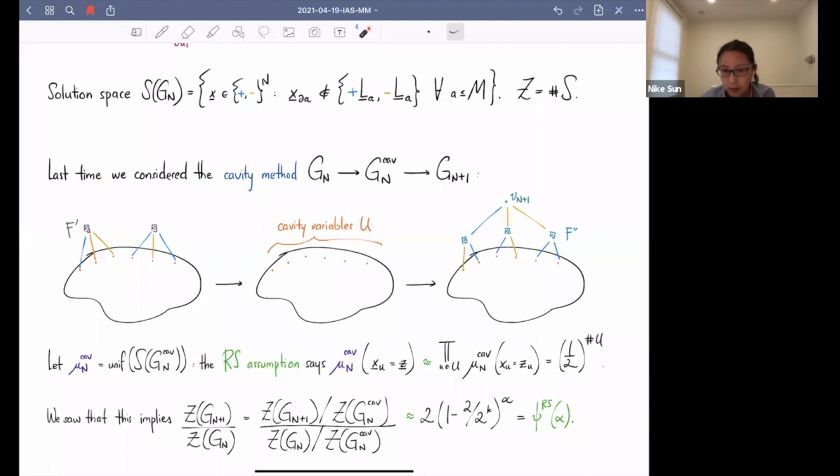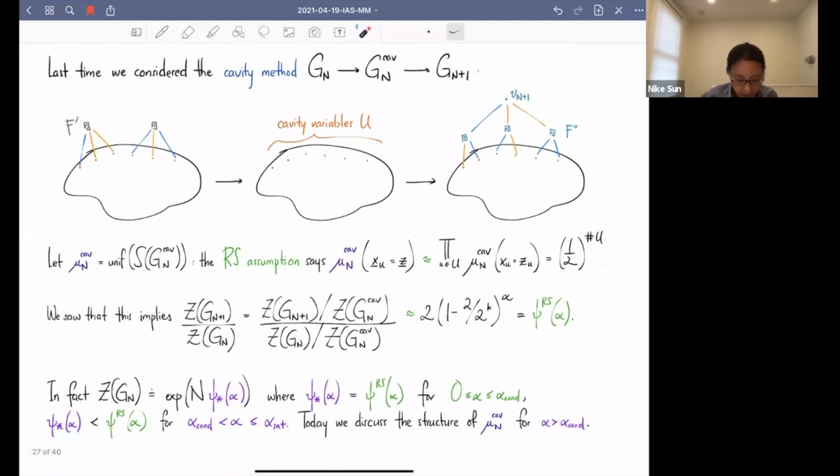Because the model is symmetric between plus and minus, it would just be (1/2) to the number of cavity variables. And we saw that if you make this simple assumption, then this gives a way to calculate how much the number of solutions will change as you go from one graph to the next. You get this simple expression, and this is the replica symmetric free energy.